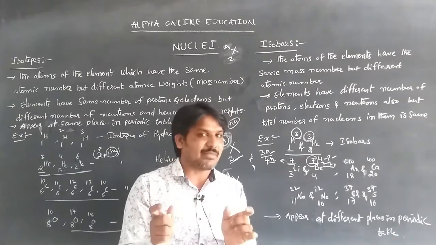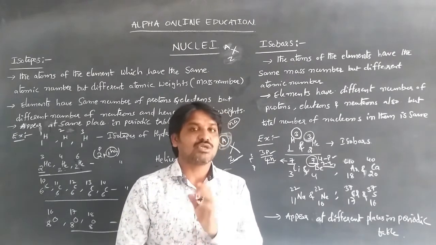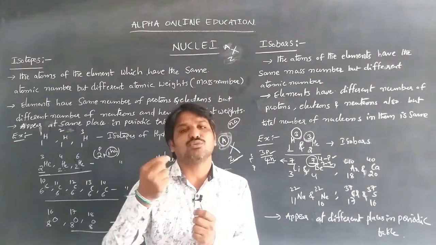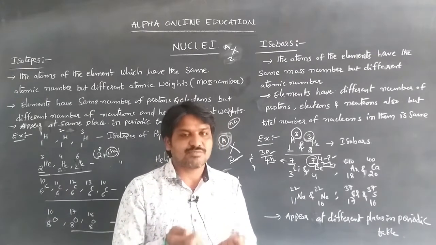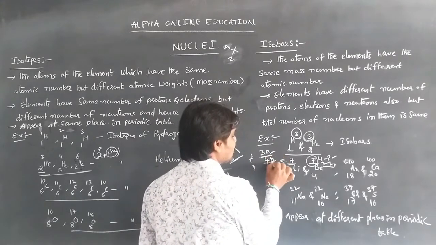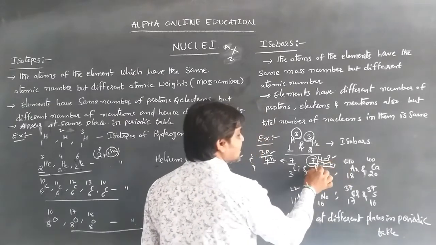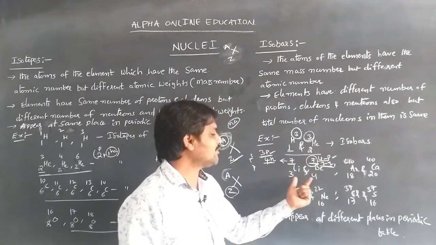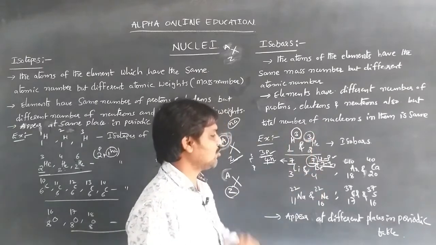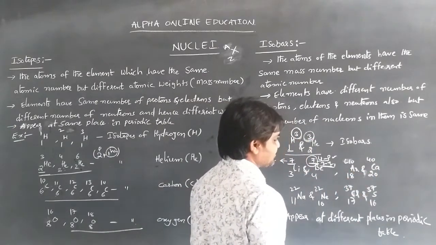The different elements have the same mass number due to the different protons and neutrons present inside the nuclei, which balance each other. If 3 protons are there, then 4 neutrons are present inside. If 3 neutrons are there, 4 protons are present inside the nucleus. So lithium and beryllium are isobars, and here argon and calcium.